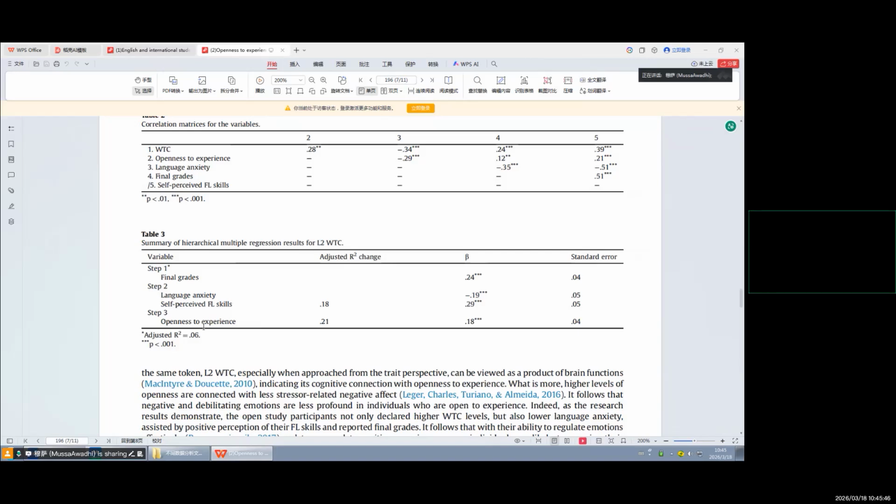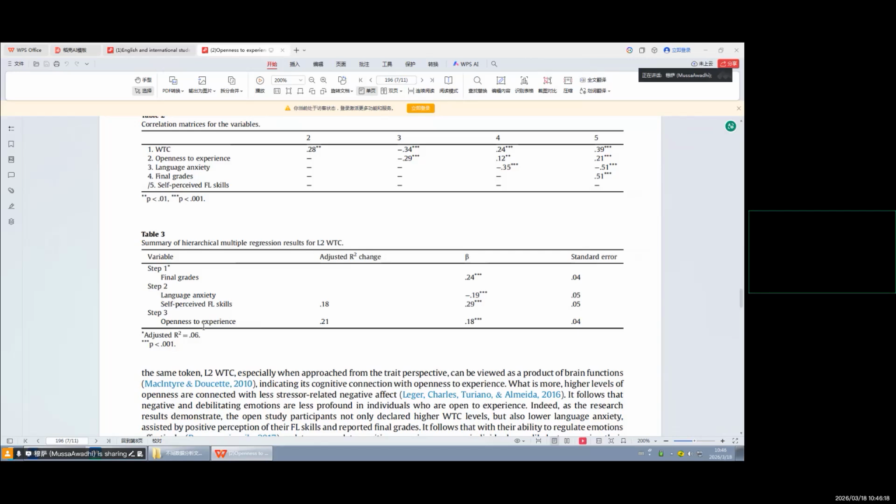Yes, that's it. It means final grade is a significant predictor of reading. Now you can understand that.